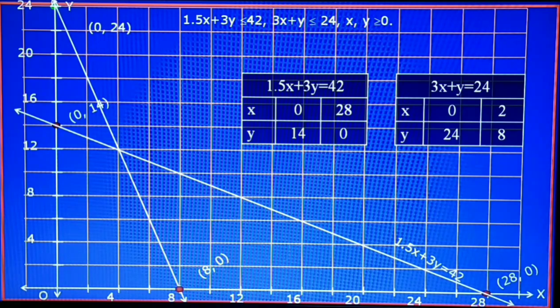When we take x is equal to 0 and y is equal to 0, in inequality 2, that is 3x plus y is less than or equal to 24, we'll get 0 is less than 24, which is true. Therefore, origin is the solution of that inequality. Then, for both the lines, we have to shade below portion.